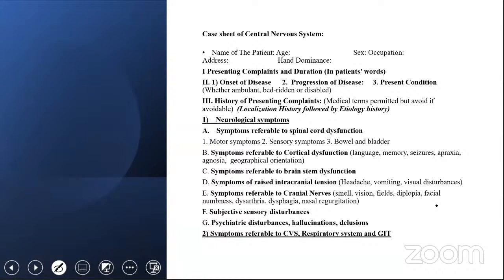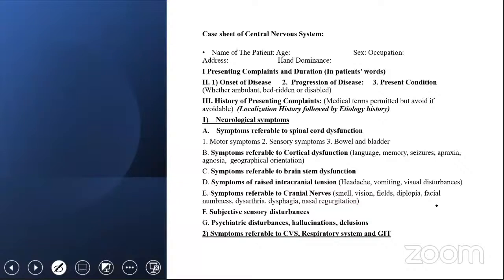Some symptoms are referable to brainstem dysfunction. Symptoms referable to raised intracranial pressure like headache, vomiting, visual disturbances. Referable to cranial nerves like smell, vision, diplopia, facial numbness, dysarthria, dysphagia, nasal regurgitation. Also sensory disturbances, psychiatric disturbances, hallucinations, and delusions.